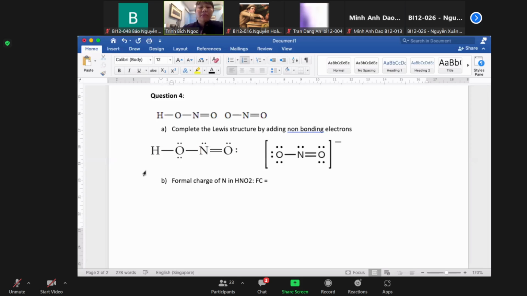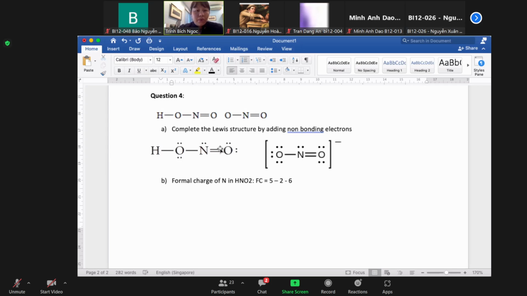Nitơ thuộc nhóm 5 ạ. 5 valence electrons. How many non-bonding electrons here? 2. Then the number of electrons in bonds divided by 2. It will be 6.